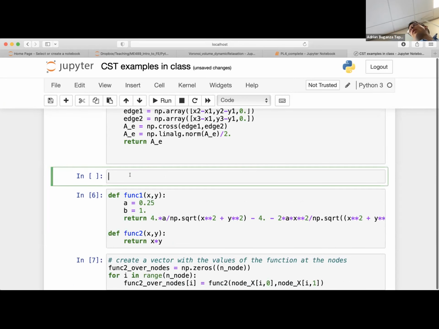So what information do I have? I have these nodal coordinates, right?